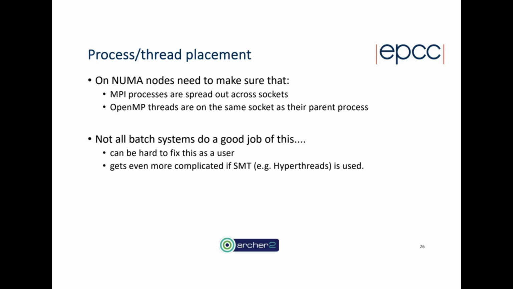If you just do module load xthi, then the executable called xthi will be in your path, and you can just run it. So it's a good sanity check as to whether your process and thread binding is doing what you expected or hoped for.